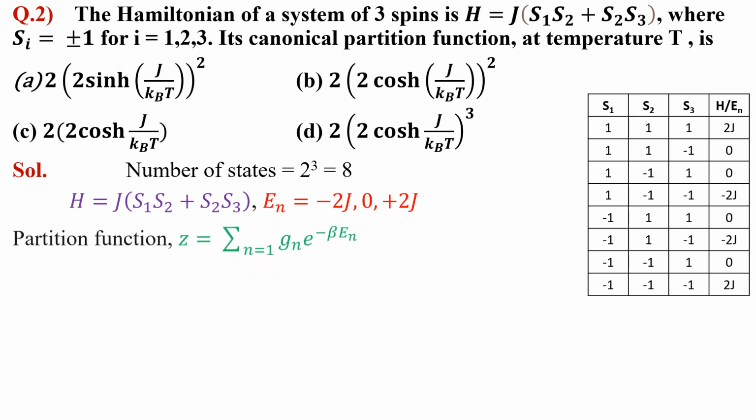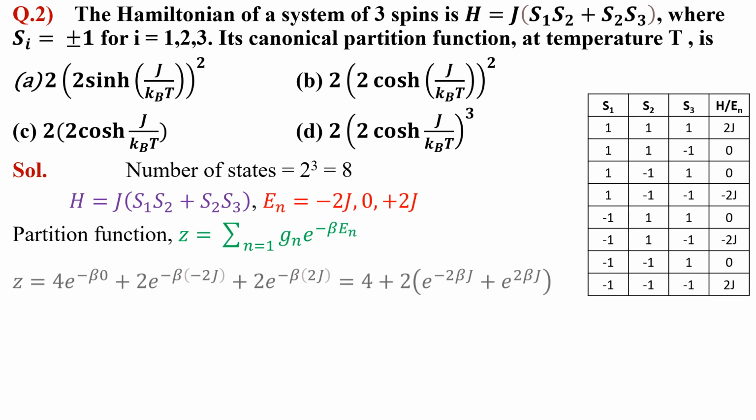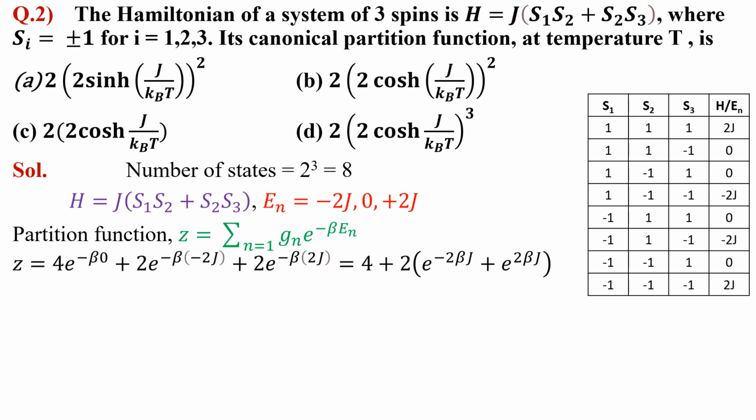Now the partition function Z equals the summation over n from 1 to 3, where n indexes the energy eigenvalues, of g_n, the degeneracy of the energy eigenvalue, times exponential of minus beta E_n. So the partition function can be written as Z equals 4 plus 2 exponential of minus beta times minus 2J, plus 2 e to the minus beta 2J, equals 4 plus 2 bracket exponential of minus 2 beta J plus exponential of 2 beta J. This exponential summation can be written as a hyperbolic function.